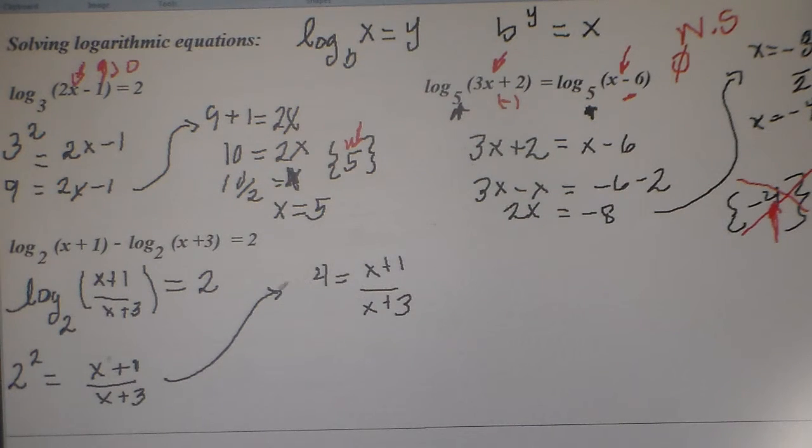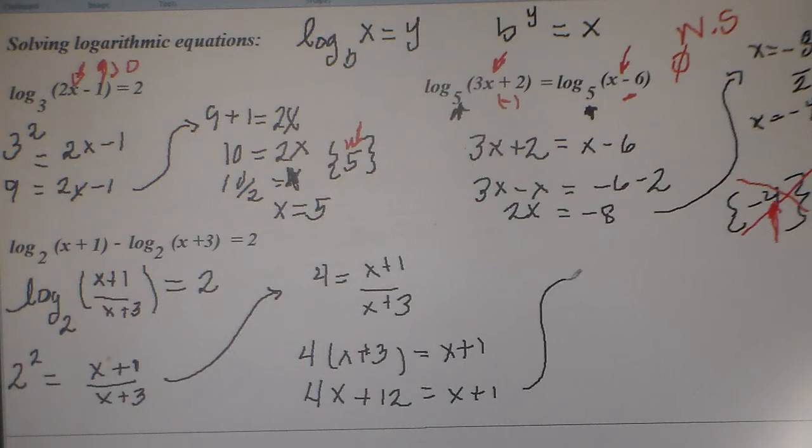We bring the x plus 3 multiplying to the left. We get 4 times x plus 3 equals x plus 1. And when we multiply, 4 times x is 4x, 4 times 3 is 12, and here we have x plus 1.